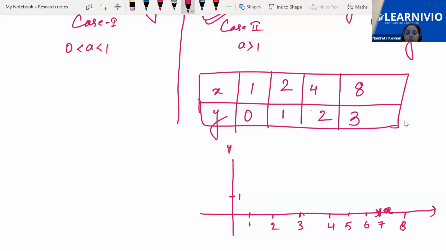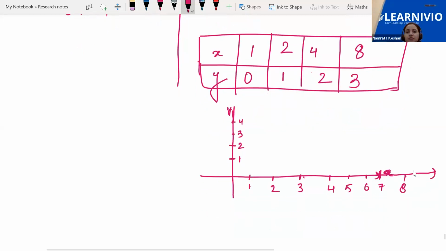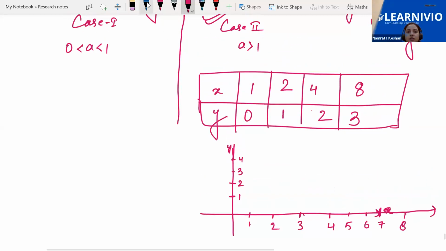Here, 1, 2, 3, 4 for y. Okay, only the outputs are these. If we try locating the coordinates 1 comma 0: when we took x as 1, y came out as 0. So this is the point, right? Annapurna? Yes.